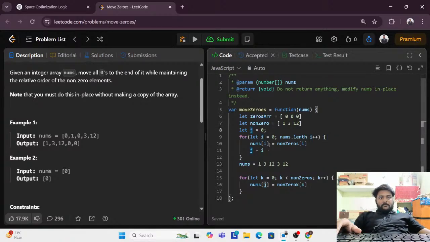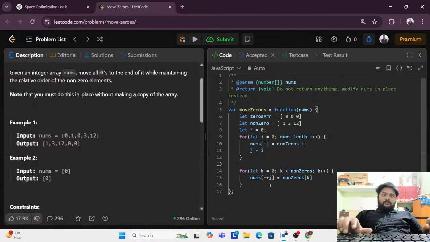So j would be 0 1 2, and I have to store from 3 4, so that is why I have to do plus plus 0 plus plus 0, right? So now this would be correct.